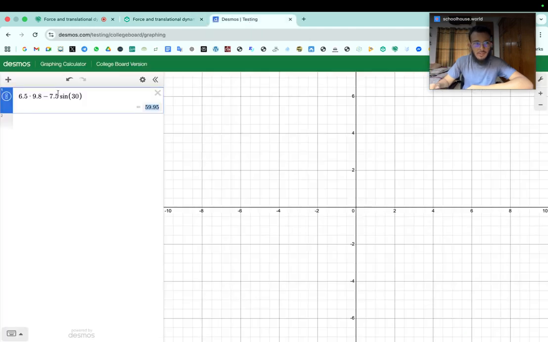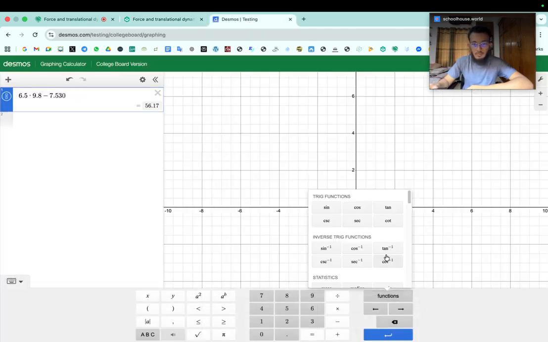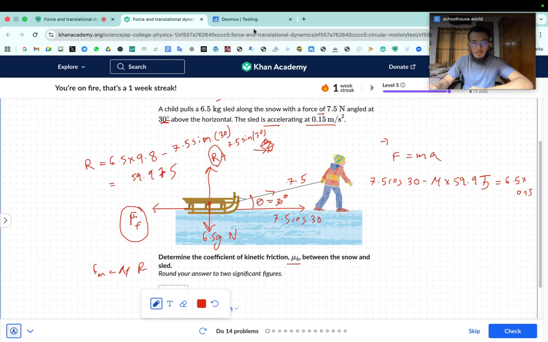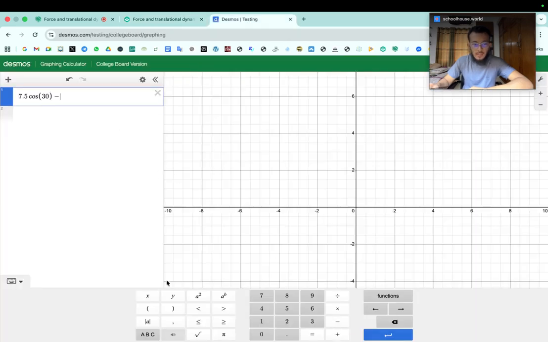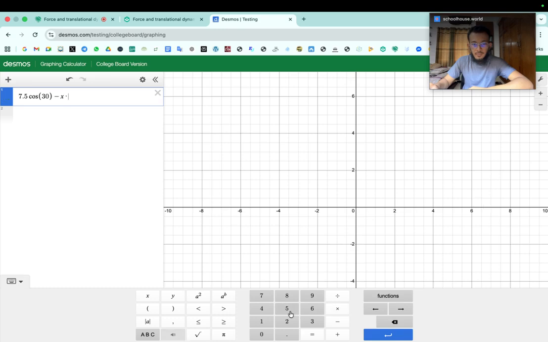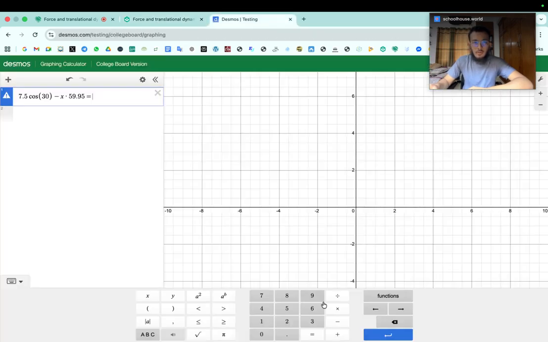So 7.5 cos 30, right? So 7.5 cos 30. Okay, 7.5 cos 30 minus mu. So let mu be x, minus x times 59.95, and this thing equals 6.5 times 0.15.